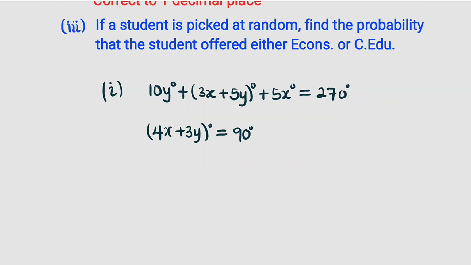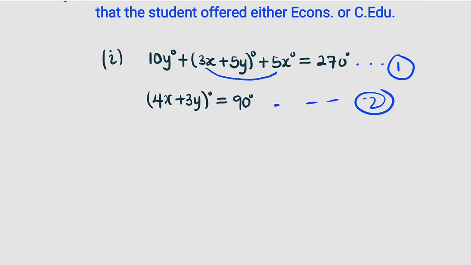All right, I have copied and pasted everything here. You can see we have set this to be 270 degrees and this equal to 90 degrees. Let me start with equation number 1, because this is equation number 2. From equation 1, if we add 3x to 5x, we obtain 8x. Add 10y to 5y, you obtain 15y.